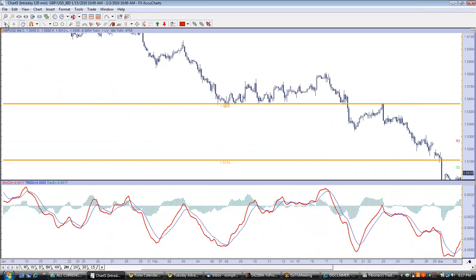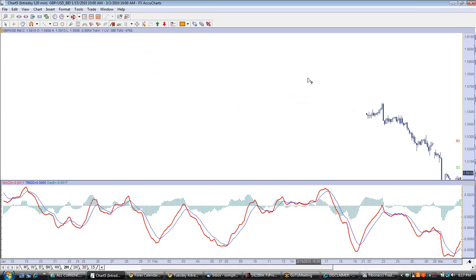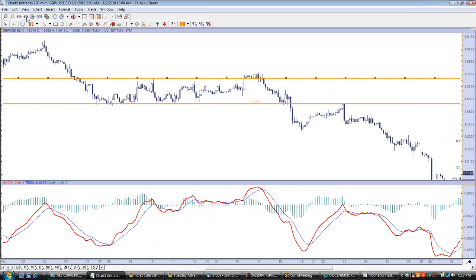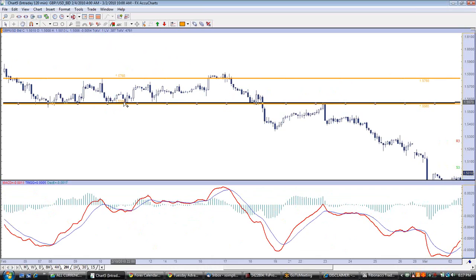Okay, let's say that this was the consolidation. Hypothetically, this was the consolidation here. And we had a bearish full body candle closing below the consolidation.